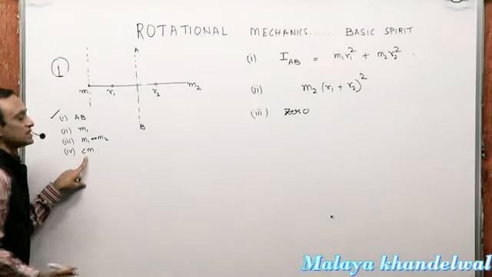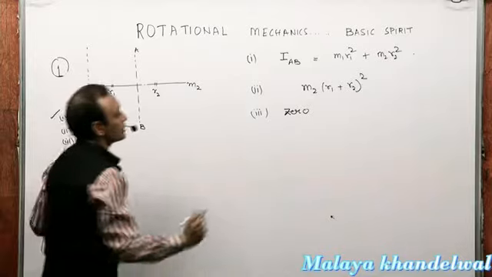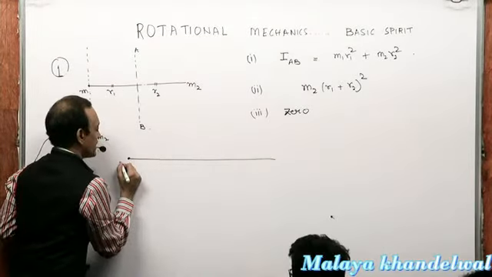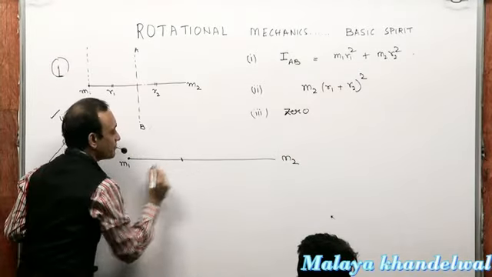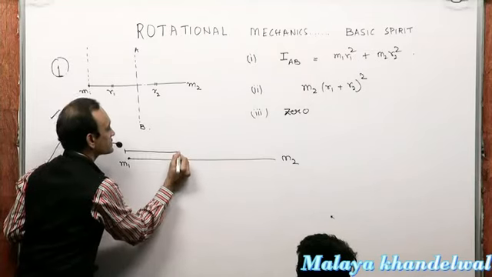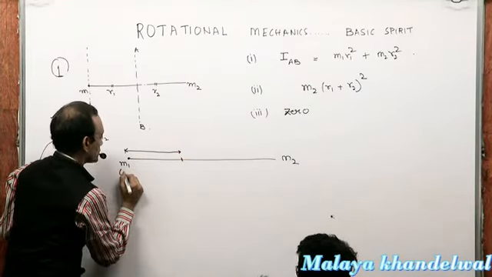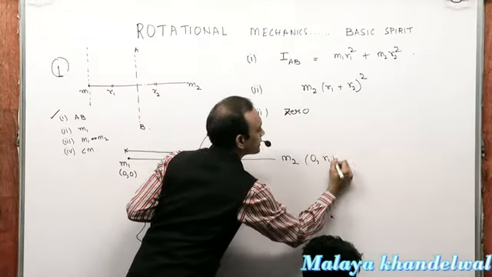The fourth part is about the center of mass, to find the moment of inertia. So very clearly, how does one find the center of mass? If this is m1 and this is m2, and this was 0, then this would be r1 plus r2.